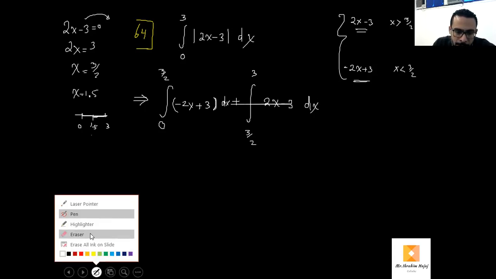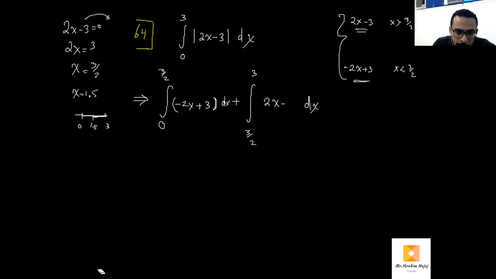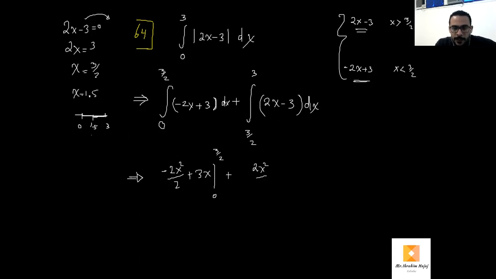Now integrate: negative 2x squared over 2 plus 3x, at 0 to 3 over 2, and then plus 2x squared over 2 minus 3x, at 3 over 2 to 3, and then evaluate.